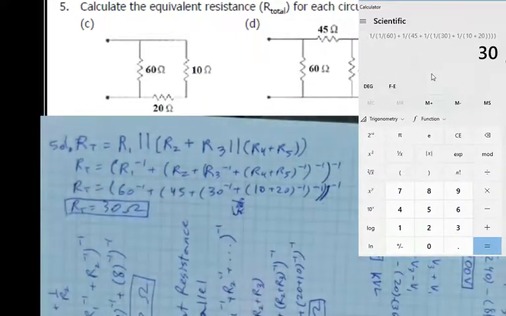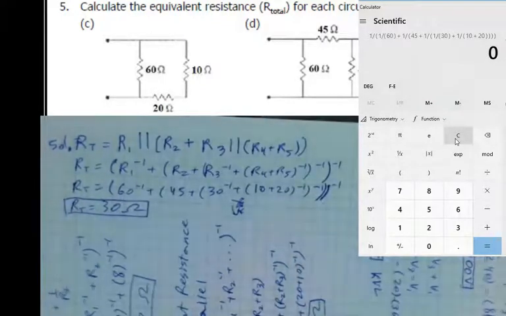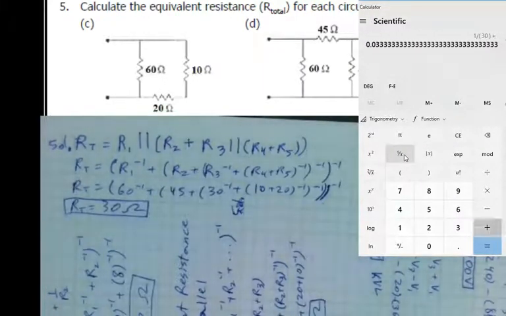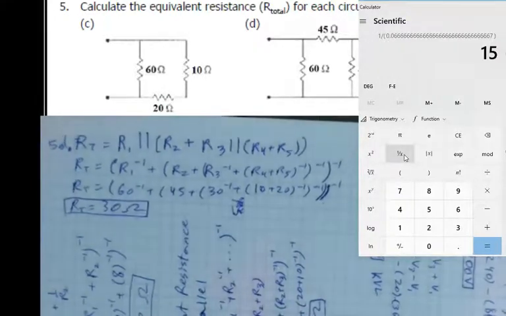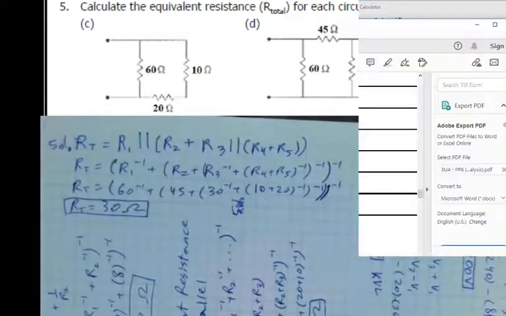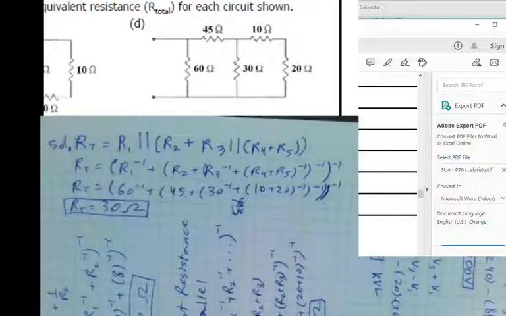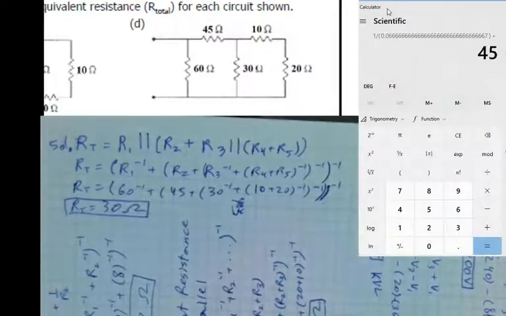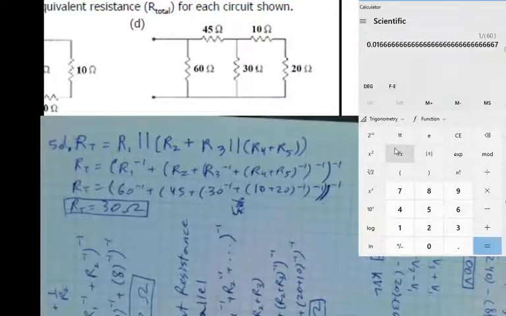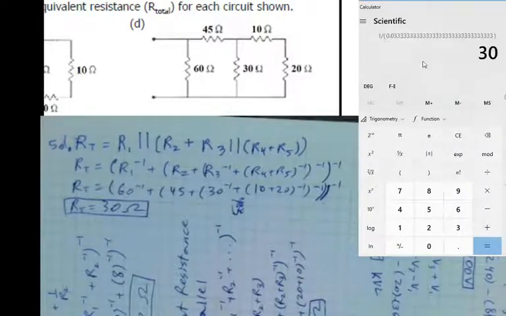So you could also break this in parts if it helps. Breaking it in parts, you'd see we have 10 plus 20 is 30, and then 30 reciprocated plus 30 reciprocated is going to be 15. So that means that if we look at this here, where we see that 30 branch here, that becomes a 15. 45 plus 15 is 60, and then we just do 60 reciprocated with 60, and then we reciprocate again, we get 30.